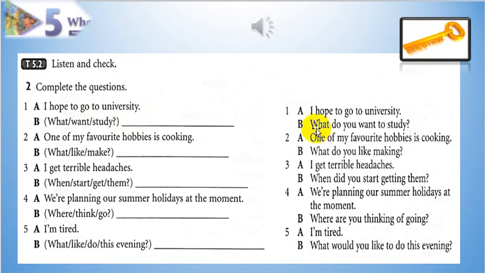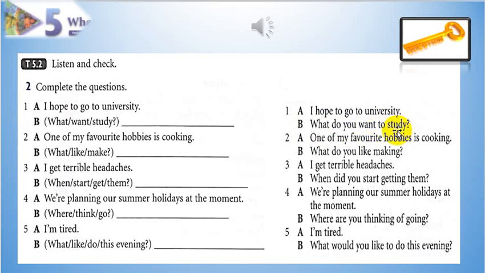Now, I put the solution here for you. As you can see, I hope to go to university. Here you have the question word what, the main verb want, and the second verb study. How would you put them in the right order? Here is the solution. What do you want to study?